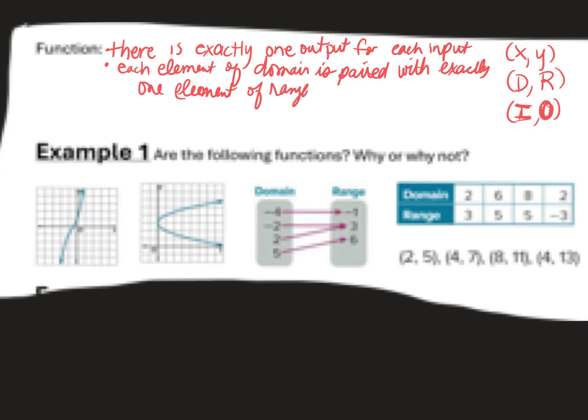And another way to say it: no x value repeats. That's if you have a relation listed in a set of ordered pairs. And you can also say, if you have a graph, that the graph passes the vertical line test.